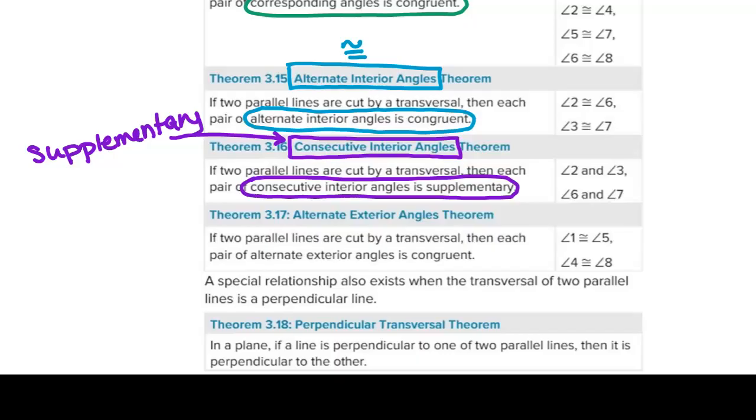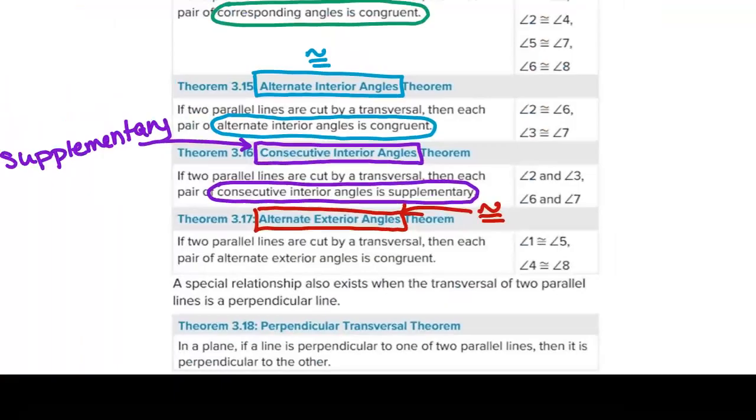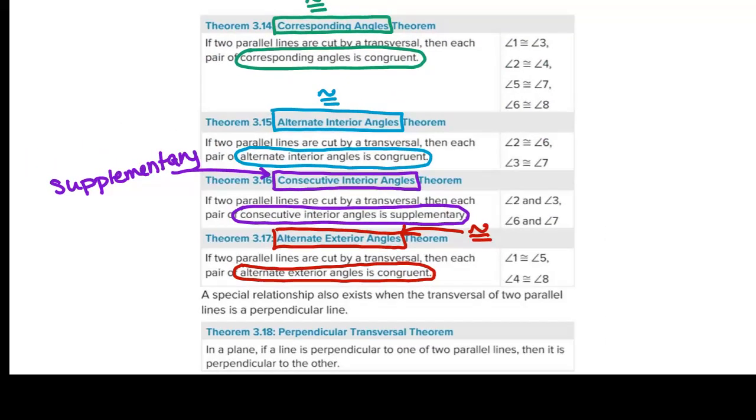Alternate exterior angles. We are back to congruent. Alternate exterior angles are congruent. If 2 parallel lines are cut by a transversal, then each pair of alternate exterior angles is congruent.